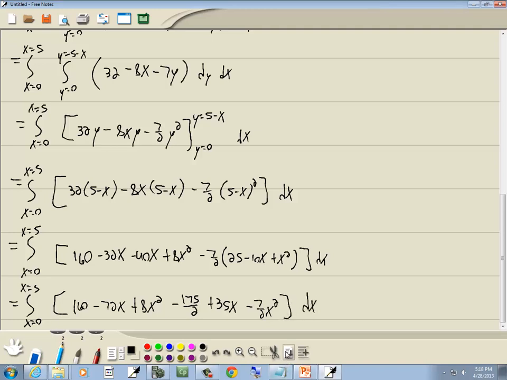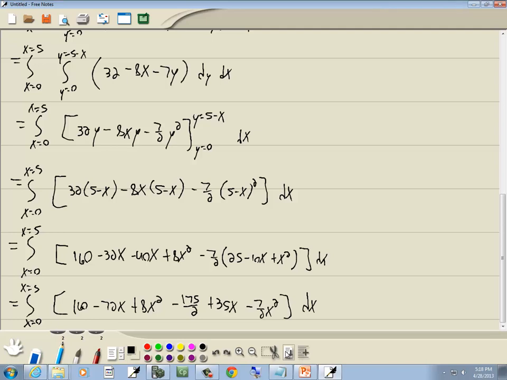Okay, let me write that down, so I'm out of room. Where's a pen? There we go. The integral from x equals 0 to x equals 5 of 160 minus 72x plus 8x squared minus 175 over 2 plus 35x minus 7 halves x squared dx.